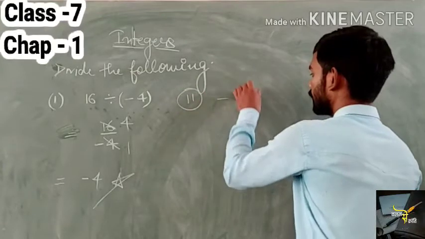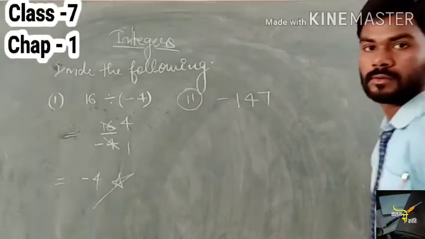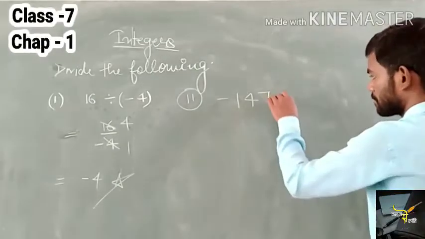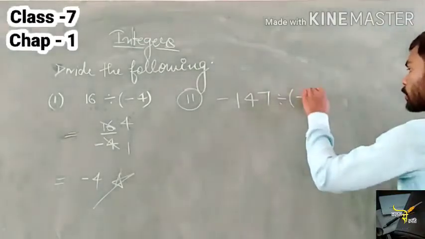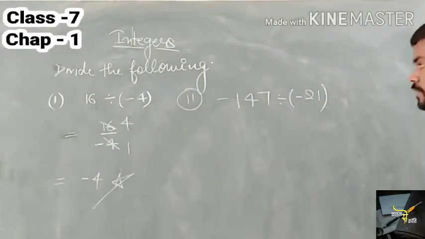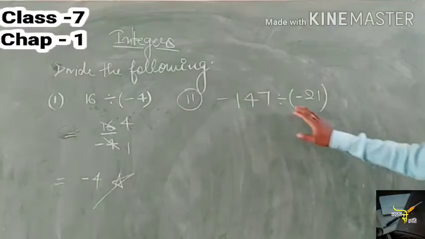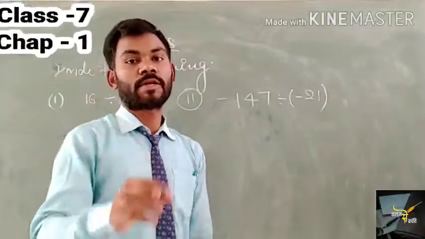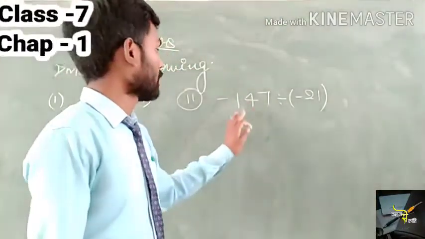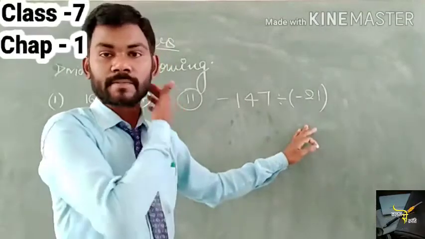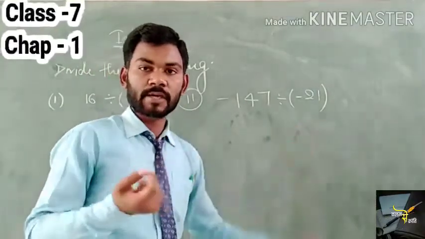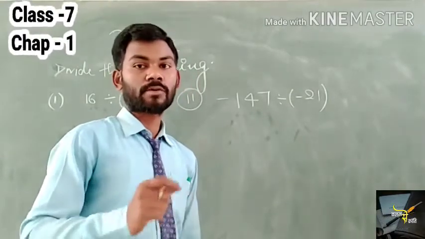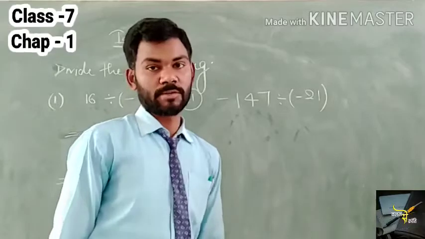Minus 147 is divided by minus 21. In this question, the divisor and dividend both have the same sign. Therefore, the quotient will be positive.